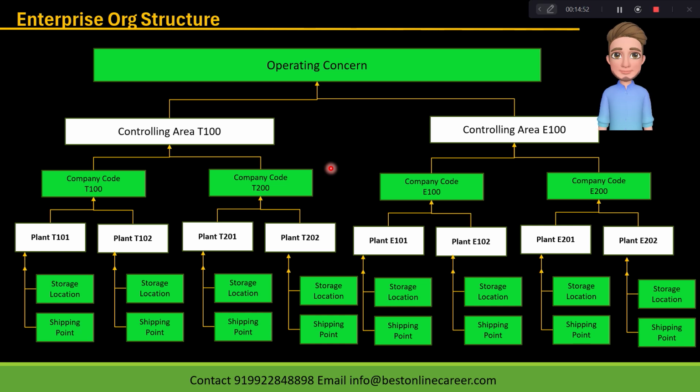But tomorrow when you introduce some other dynamics, based on brand or some other product division you wanted to classify, then you cannot use the profit center for the same definition, right? So those definitions are very important in working out your org structure. Again, it is a business decision.